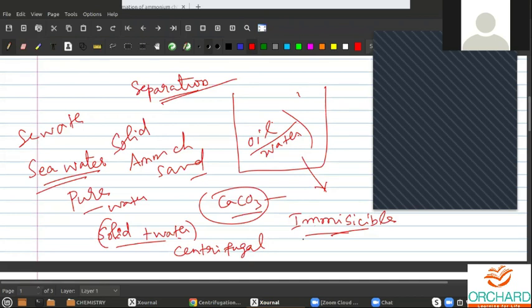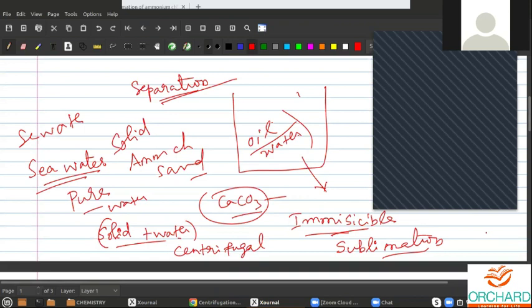And another technique is sublimation. Suppose you have a solid which is mixed with some sand. Sublimation is a technique that can be used to separate the solids which sublime. That means when you heat the solid, it has to change its phase directly to vapor instead of liquid.